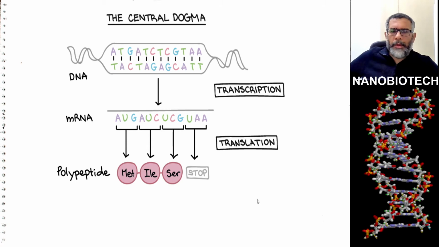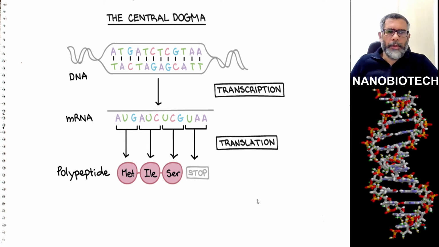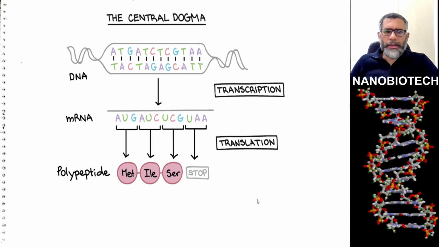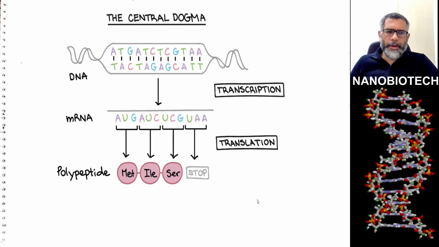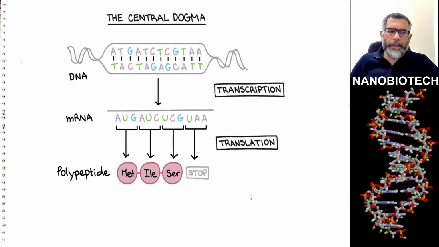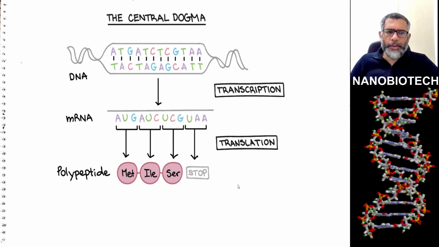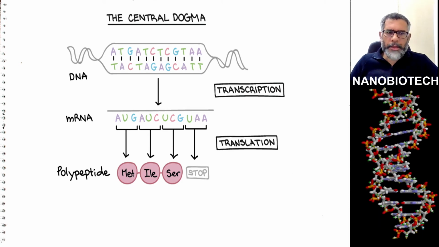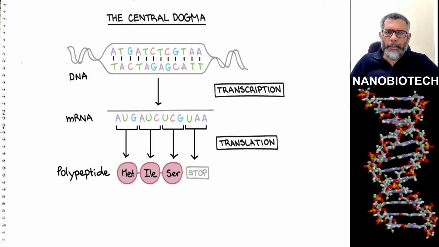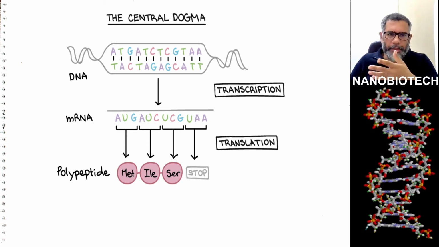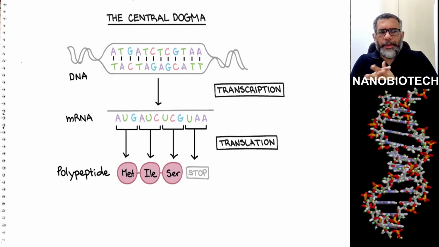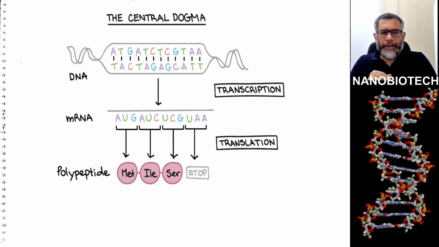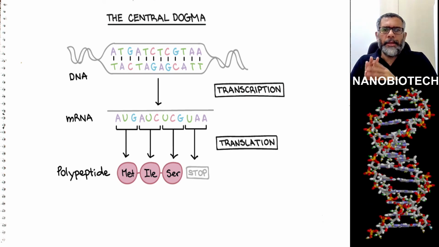So this is what is called the central dogma. Non-protein coding genes that specify functional RNAs are still transcribed to produce an RNA, but this RNA is not translated into a polypeptide. For either type of gene, the process of going from DNA to a functional product is known as gene expression.